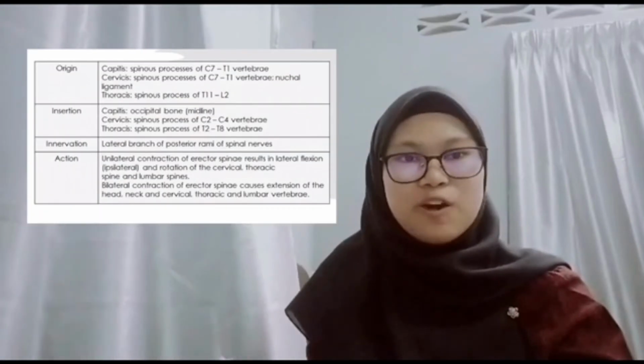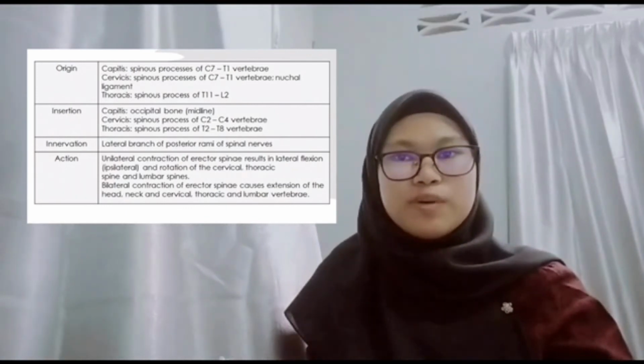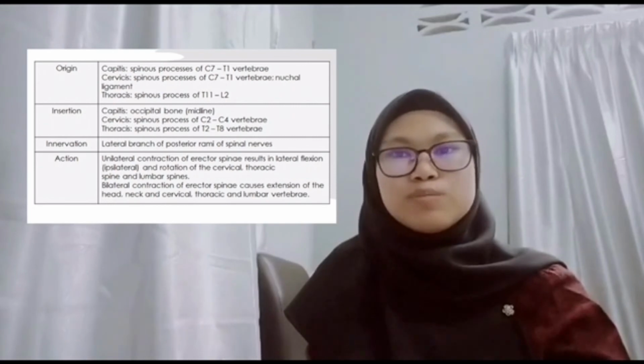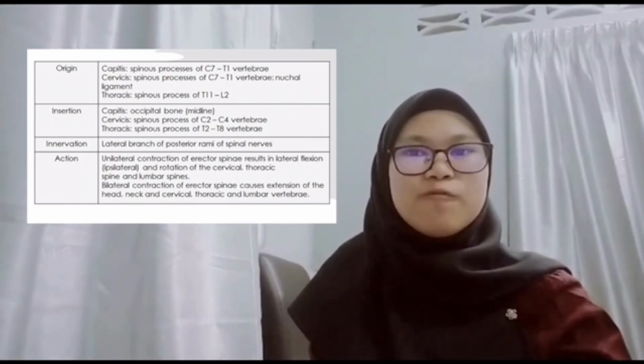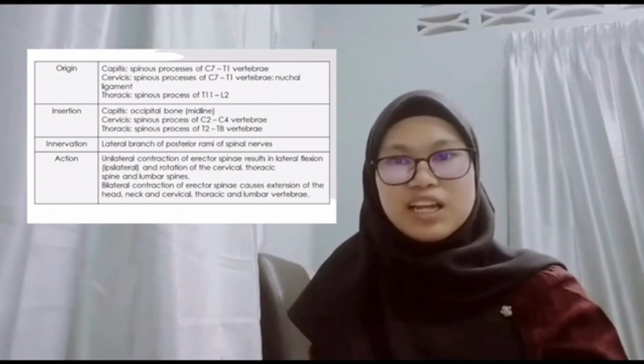This muscle assists in extension, lateral flexion, and also rotation of the spine. The spinalis capitis and spinalis cervicis originate from the spinous processes of cervical 7 until thoracic 1 vertebra, while the spinalis thoracis originates from the spinous processes of thoracic 11 until lumbar 2.